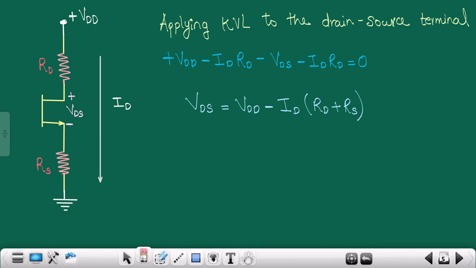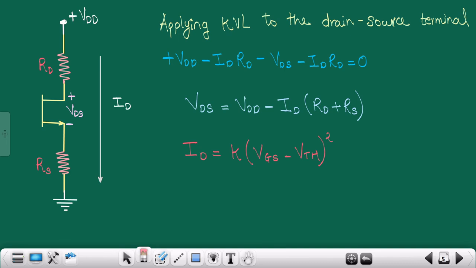And we all know that the value of ID is equivalent to K into VGS minus VTH, the whole square, provided this MOSFET is operating in the saturation region. So this is the correct value for the current.